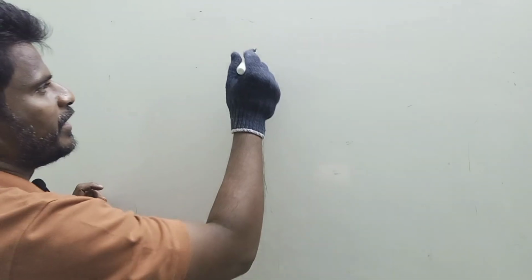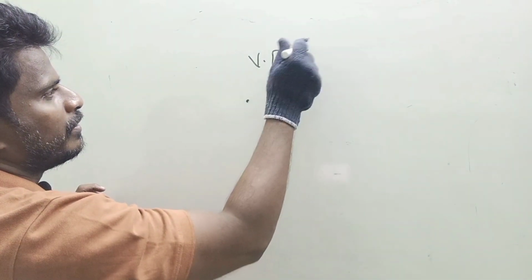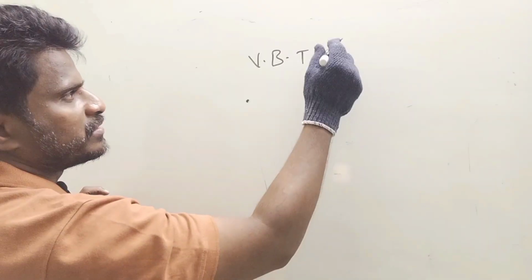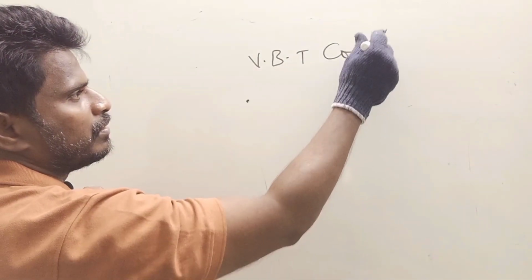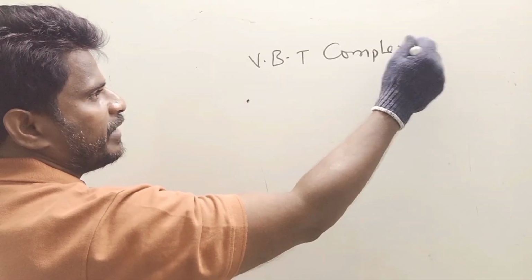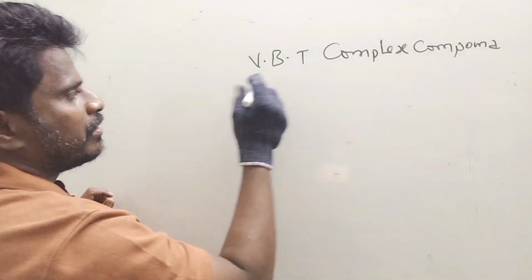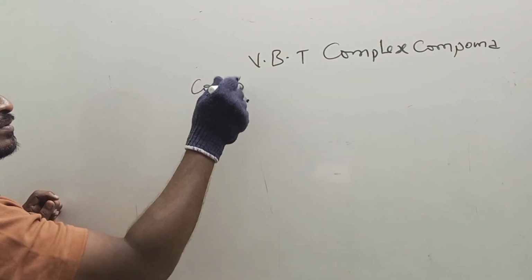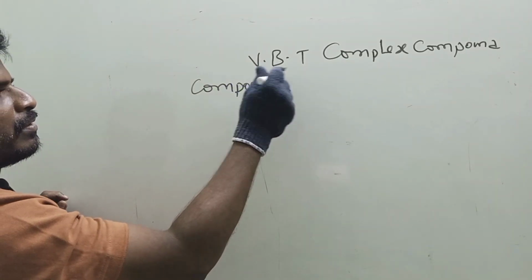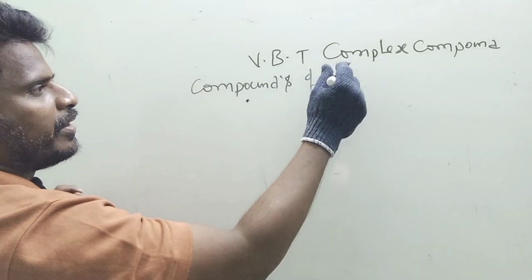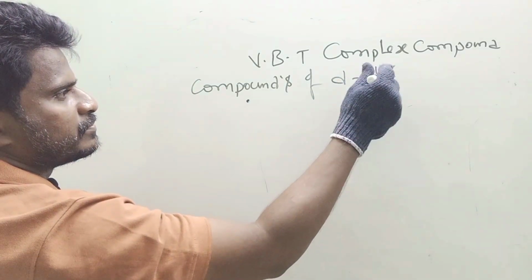Valency bond theory in complex compounds. Complex compounds are compounds of d block elements.